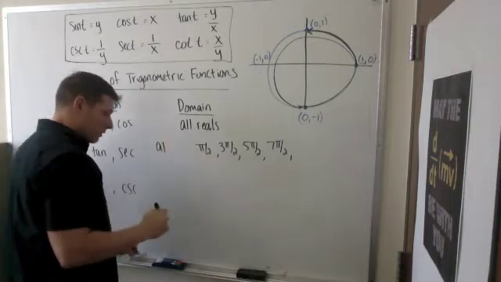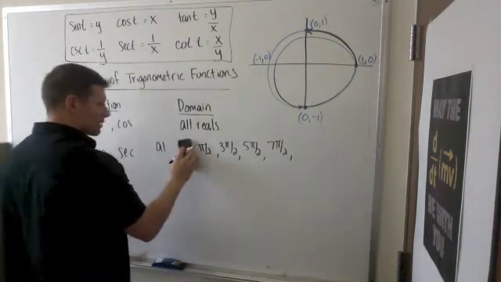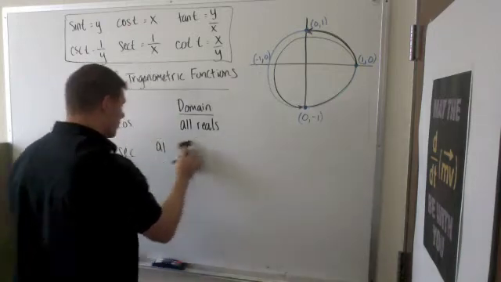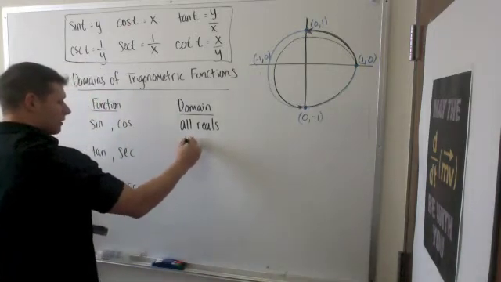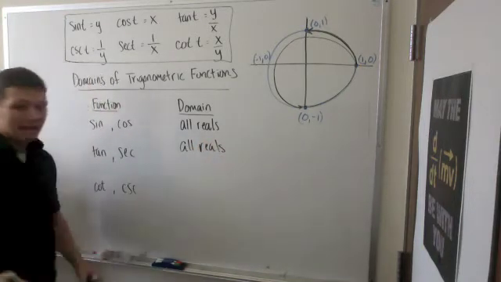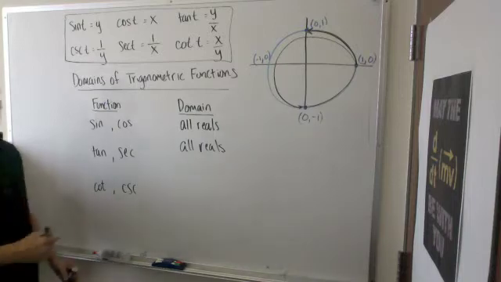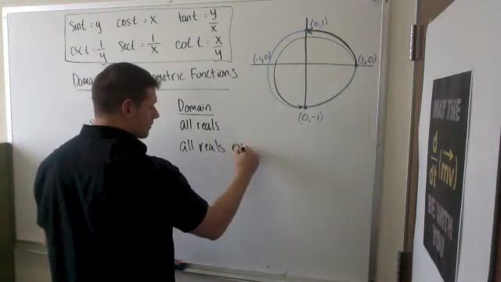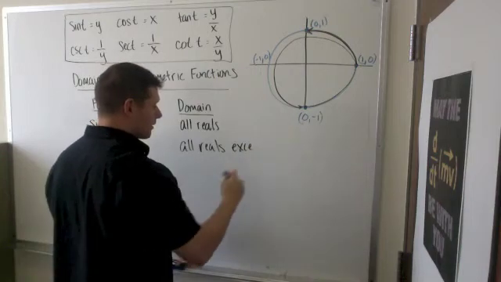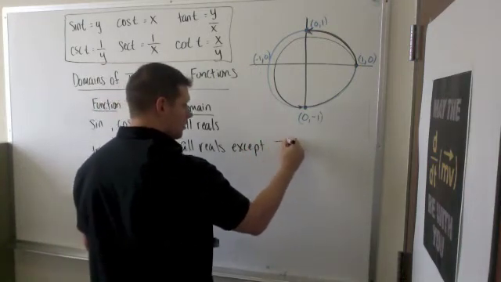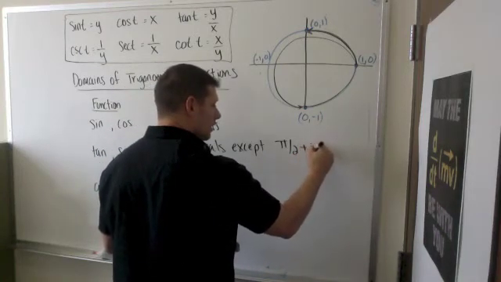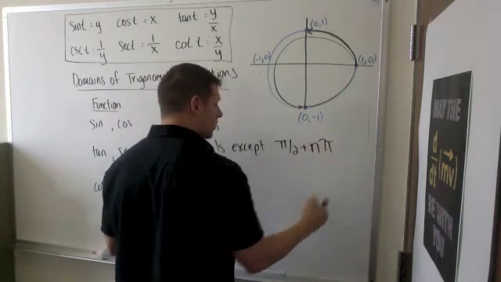Let me write it a little bit nicer so you can see it. We agree that these are all bad. Those are bad guys. So the easy way to remember it is if I write all the real numbers except pi over 2 plus any integer multiple of pi.